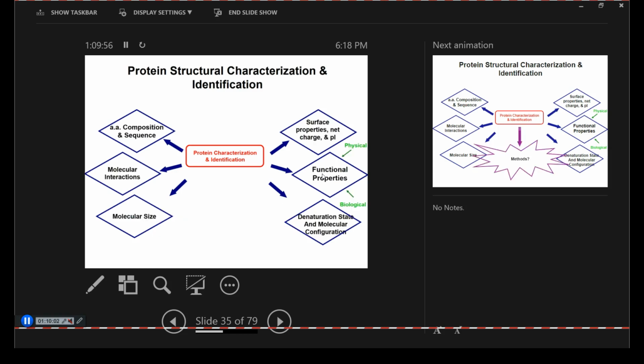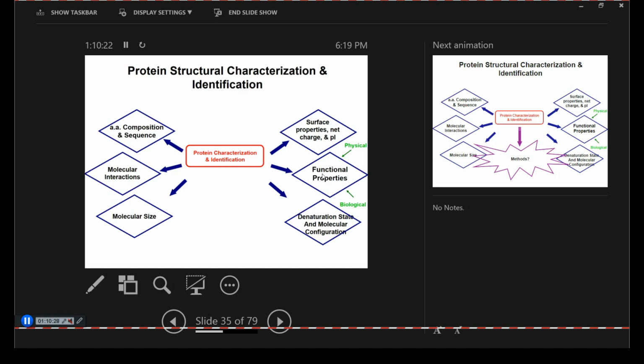Okay, so we have amino acid composition and sequence, molecular configuration and denaturation state. With molecular configuration, we can say secondary structure, tertiary structure and quaternary structure. Denaturation state is determining the impact of processing on the unfolding of the protein.